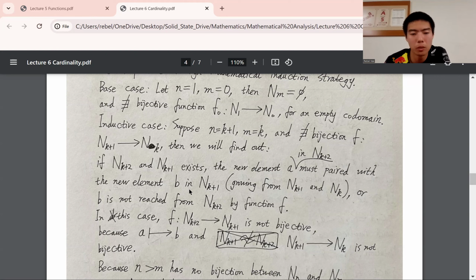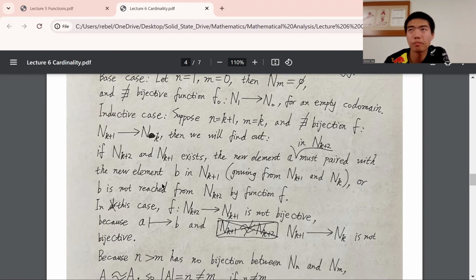And this is very easy to prove, because N_{k+2} is greater than N_{k+1}, so maybe there's a new element B inside it, A and B. So here it contains A, here it contains B, which is growing from the original set.